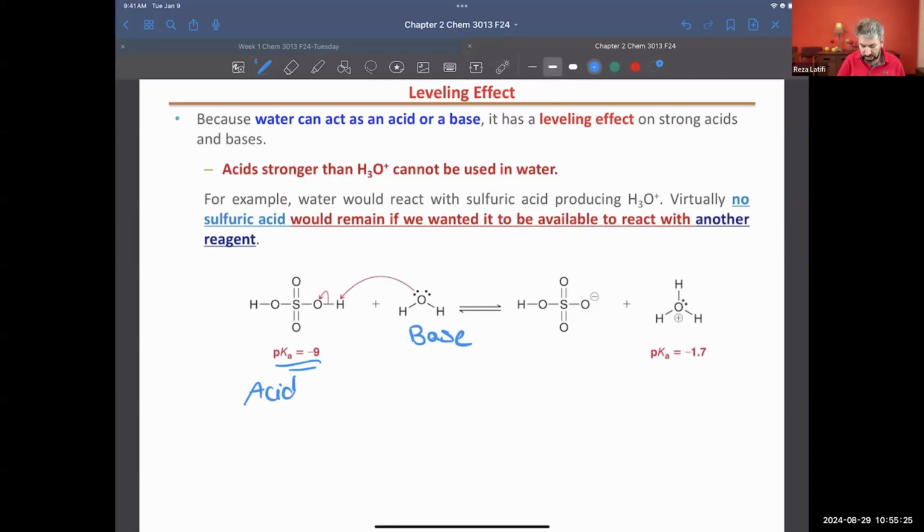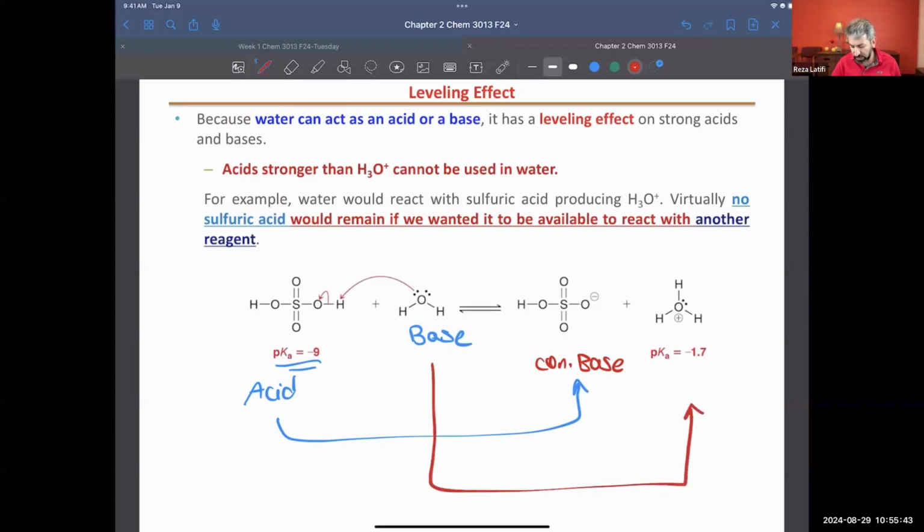And what do I get? I get the conjugate base, and that's going to be monohydrogen sulfate, and water gives me the conjugate acid. And if you check, the pKa of the conjugate acid is higher than the starting compound.